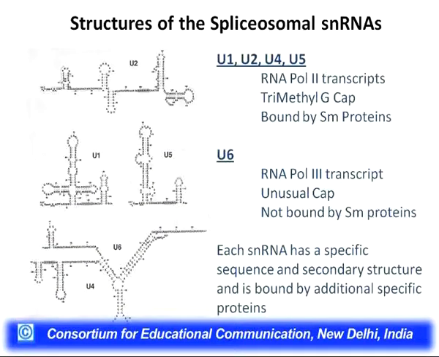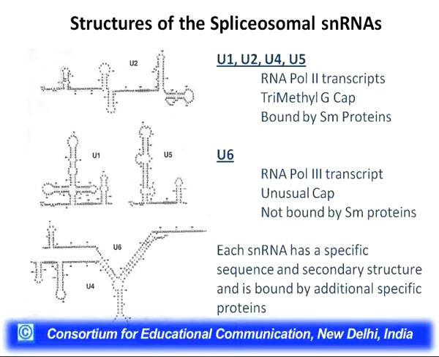This figure shows the secondary structure of various spliceosomal snRNAs. U1, U2, U4, U5 snRNAs are transcribed by RNA polymerase II, and they have a trimethyl G cap present at the 5' end, and they are bound by Sm protein. Whereas the U6 snRNA is transcribed by RNA pol III, has an unusual cap, and is not bound by Sm protein.